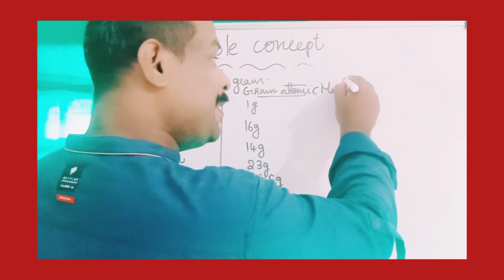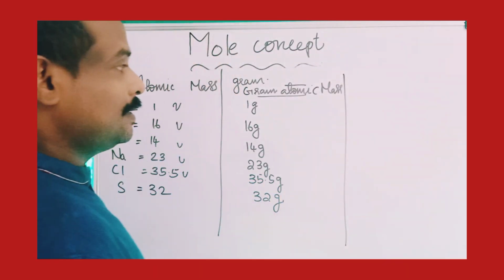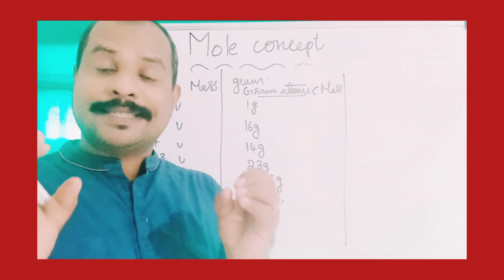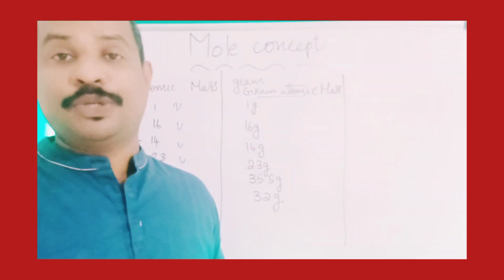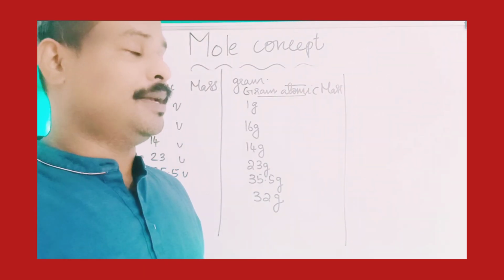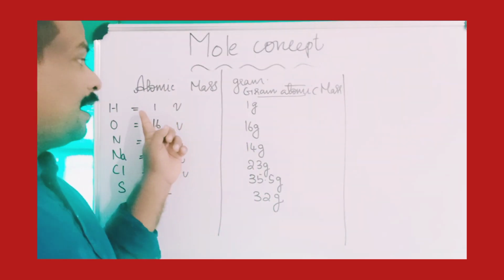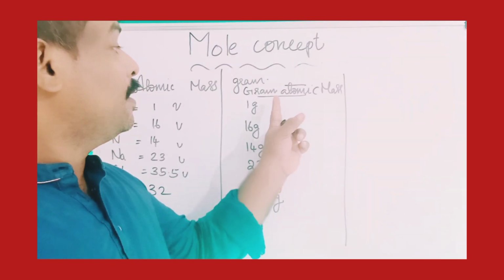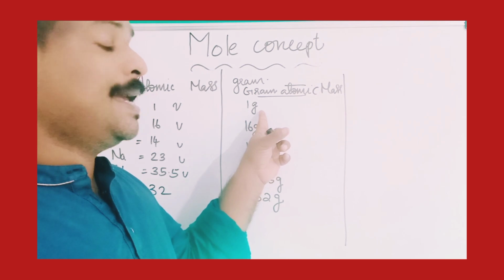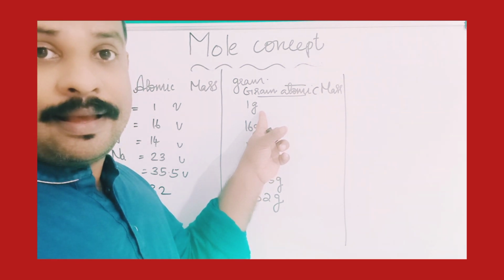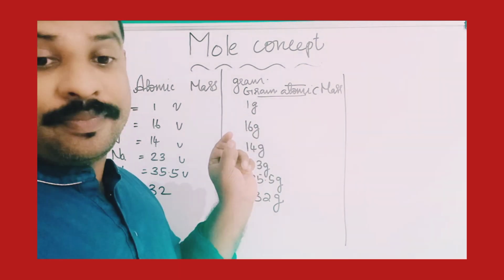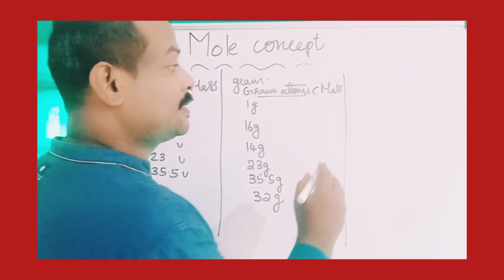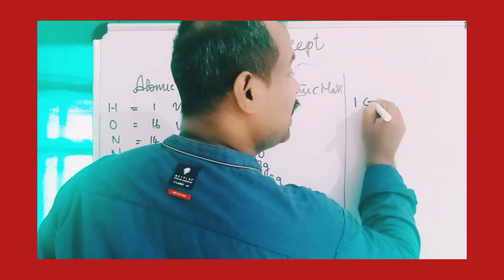If we take the mass of an element as equal to its gram atomic mass, we can say it has 1 GAM.